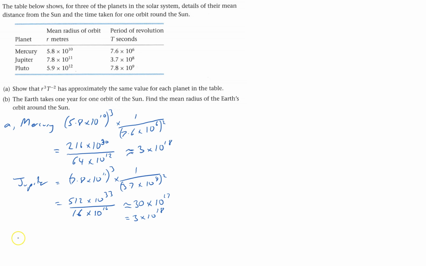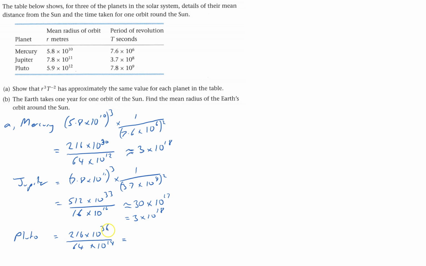And then finally Pluto, approximately 5.9, call that 6 cubed, that's 216 times 10 to the 36, all over 7.8 squared, call it 8 squared, 64 times 10 to the 9 squared, which is 10 to the 18.